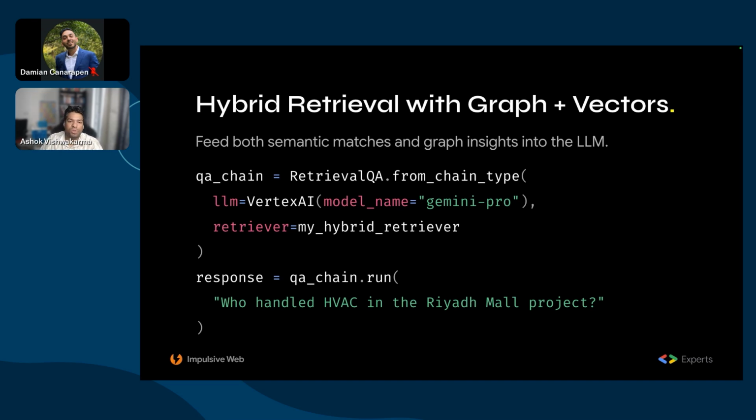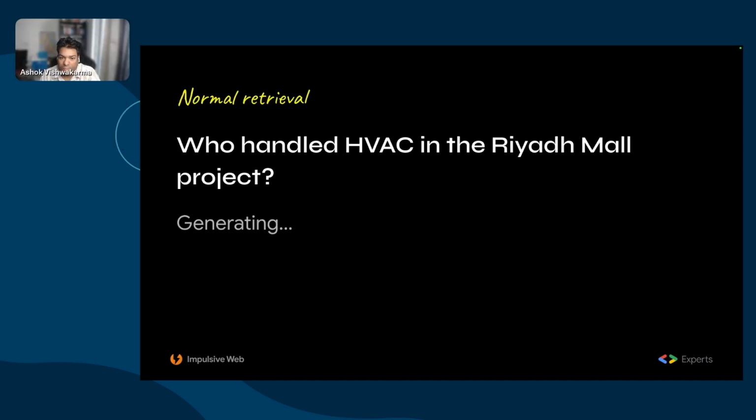This was the process which enables us to do a hybrid retrieval, not just the vector, but also a chaining which we can get into the graphs.